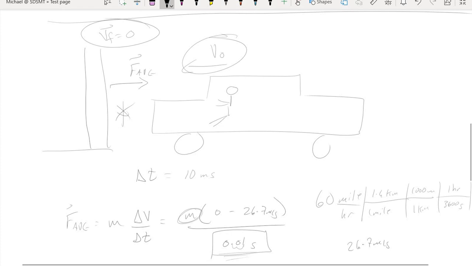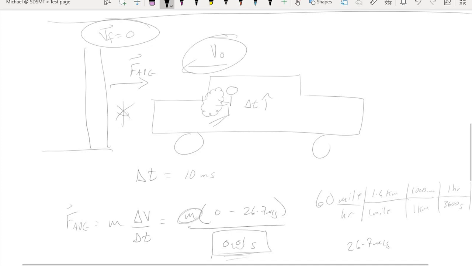And this is done in multiple avenues. One way is to have an airbag system. When the airbag deploys, it allows the person to have the majority of their momentum absorbed by the pillow of the airbag, and it extends the time interval.